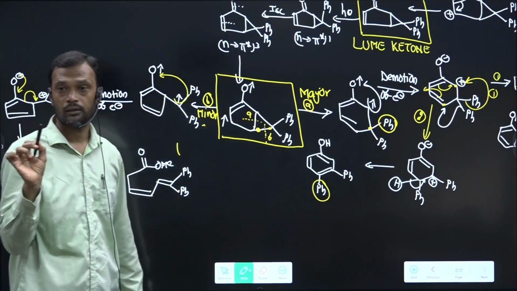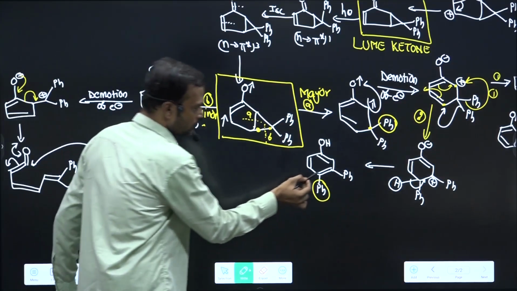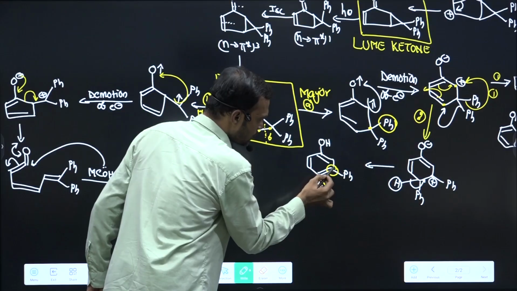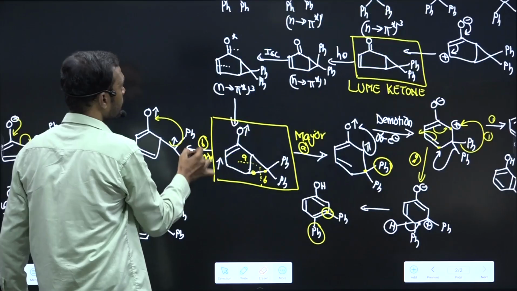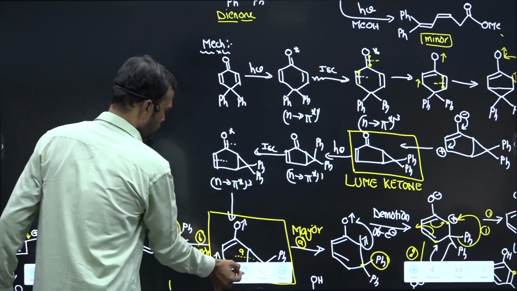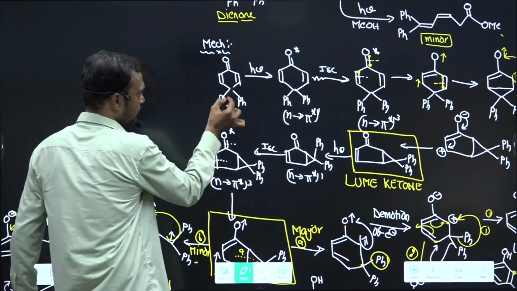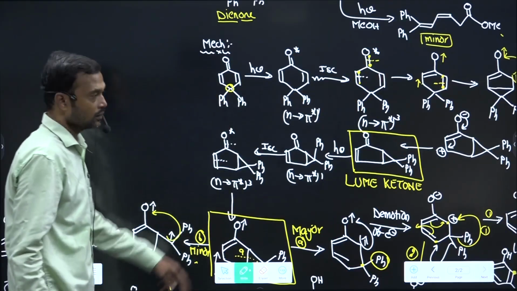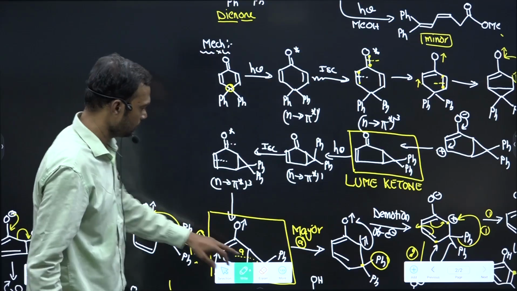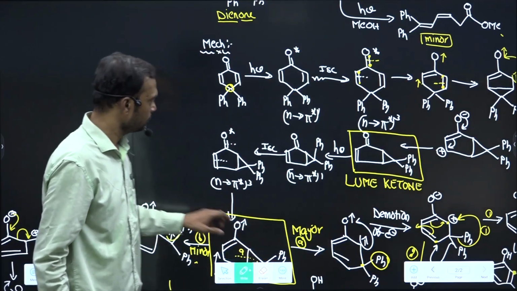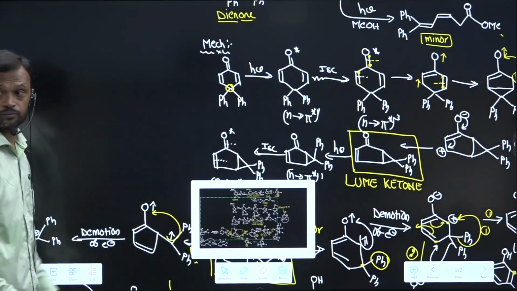Meta. Means, remember, this carbon belongs to the para position of this one. Now this carbon becomes, this is a key point for applications.